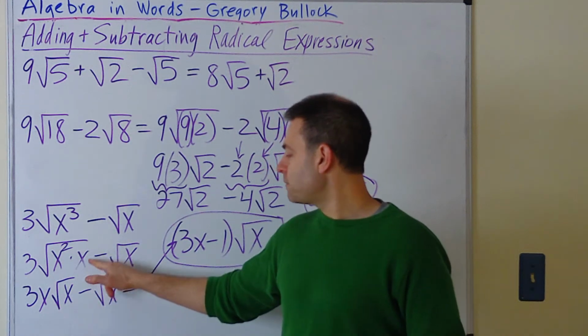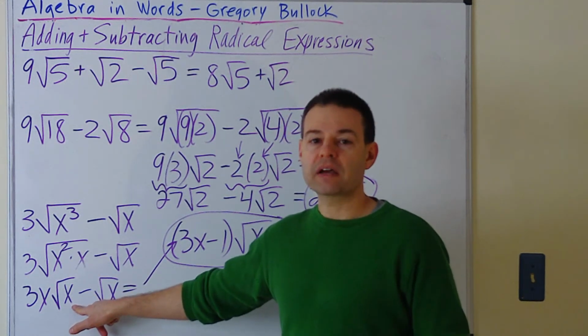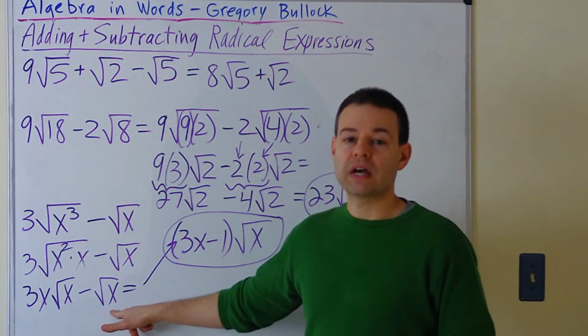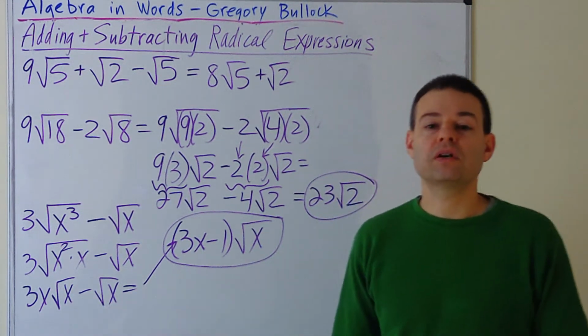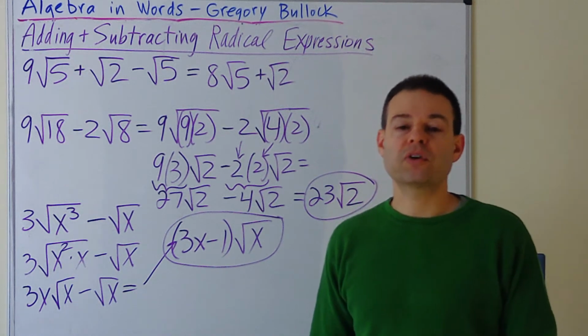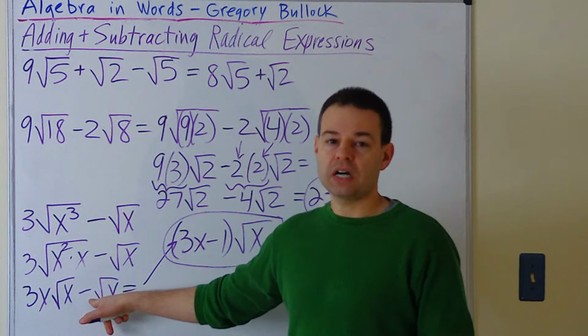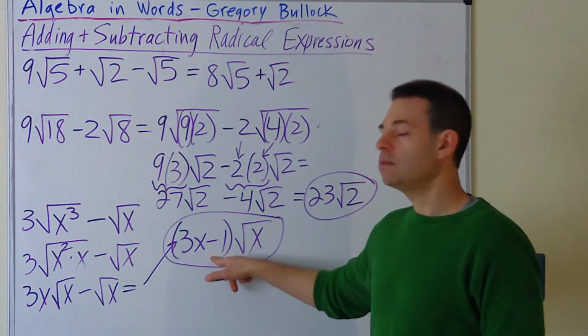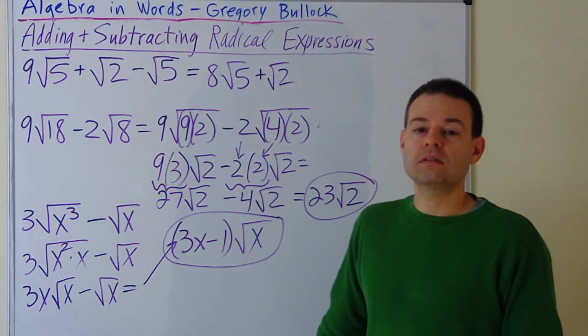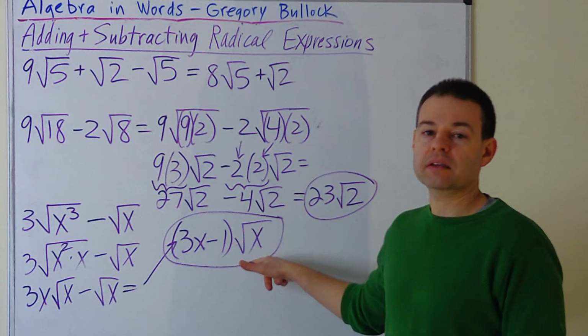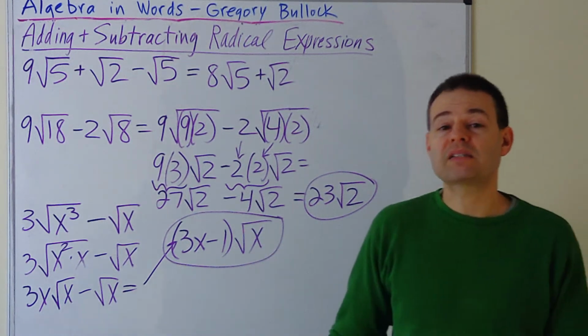That also left this x as the square root of x, which also is a like radical with this square root of x. And then, because they're alike, we add or subtract their coefficients. So we did 3x minus the unwritten 1, that's here, and we had to put that in parentheses so that we could write what remains, which is the common factor of x. And basically, that's how you have to do that.